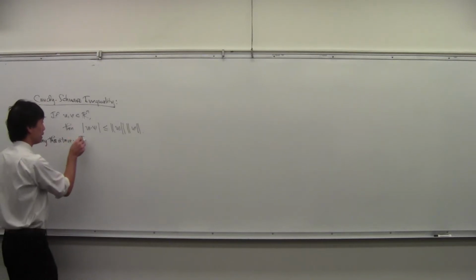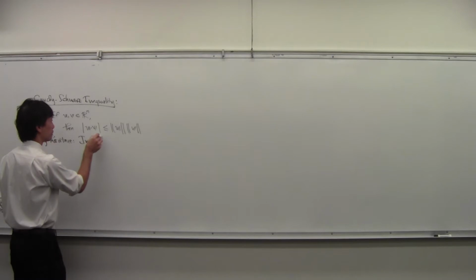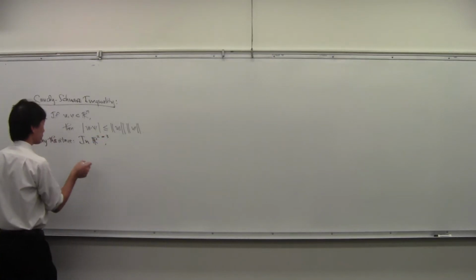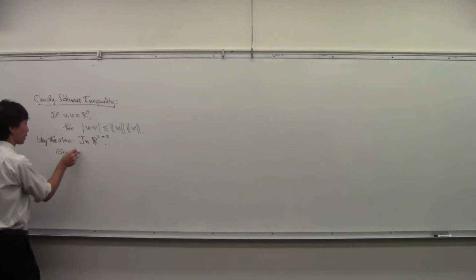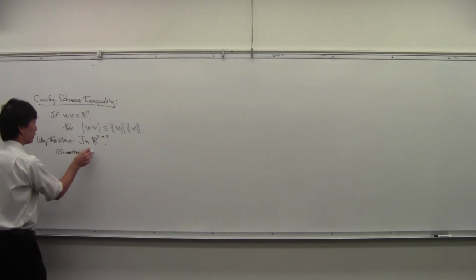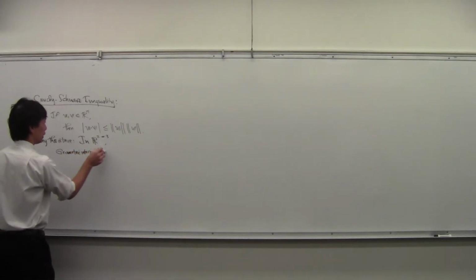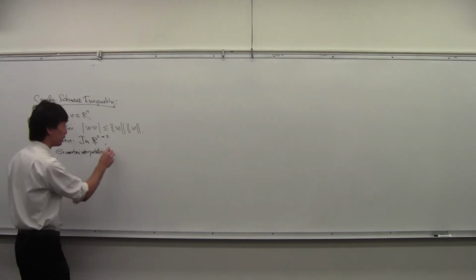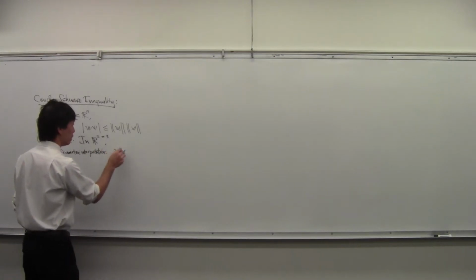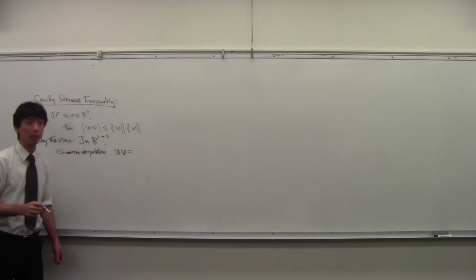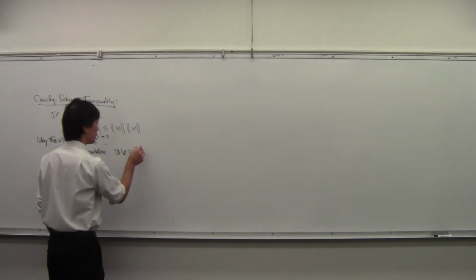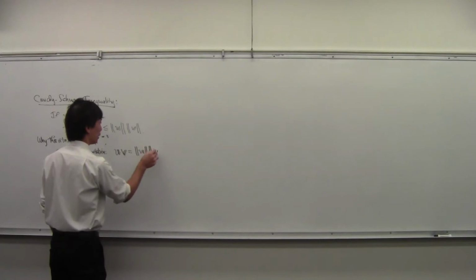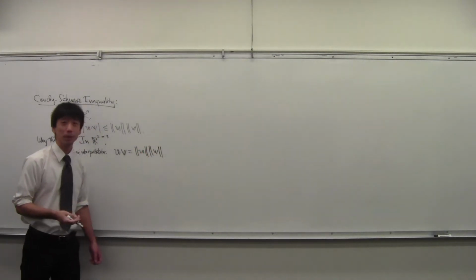So in R2 or R3, we have this geometric interpretation of the dot product, right? That the dot product of 2 vectors is actually the product of the magnitudes times something.